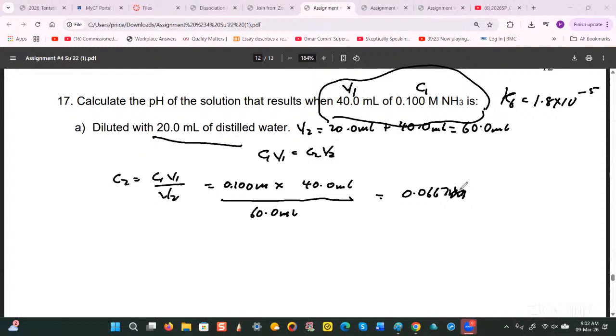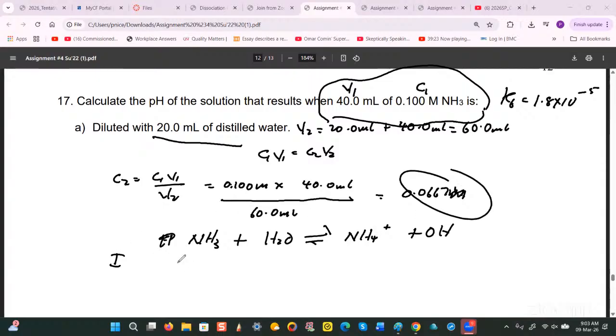What did you say earlier? We need to find the reaction and then create the ice table. All right, so it's NH3 plus H2O to form NH4 plus OH minus, right? So initially, the concentration of the ammonia is what we just calculated, which is 0.0667.